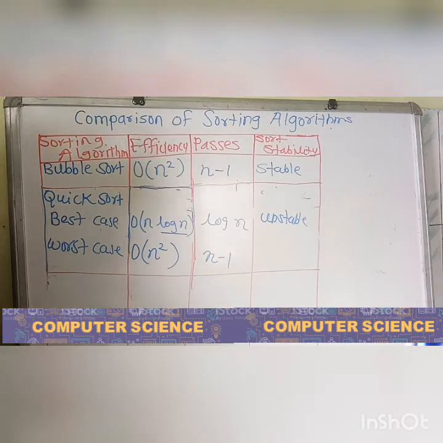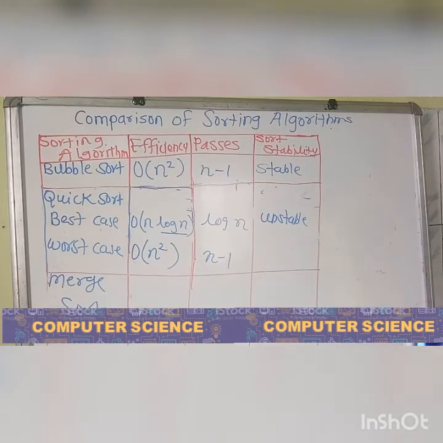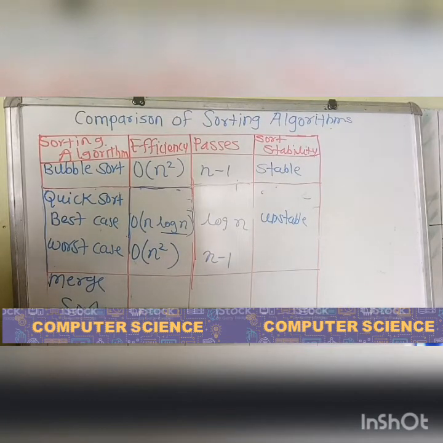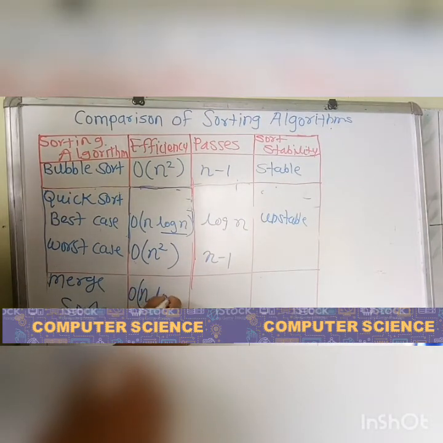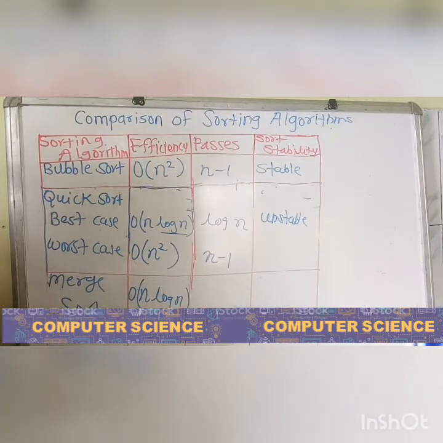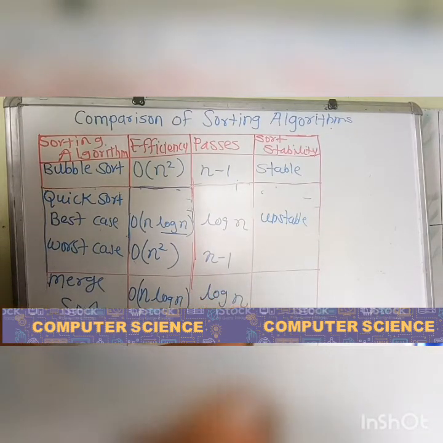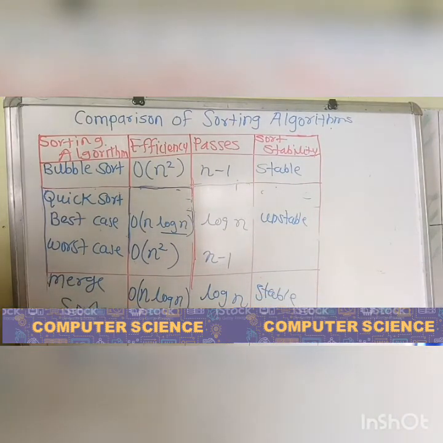Now we will take the next sort, that is the merge sort. It is one type of divide and conquer strategy. As this is a divide and conquer type of algorithm, it will also require n log n comparisons and also log n passes, and it is one of the stable sorting algorithms.